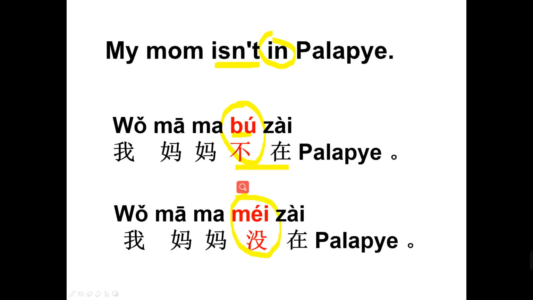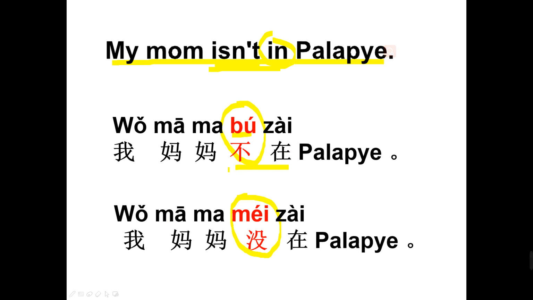It's also okay. So please pay attention to here. For the negative form, we can say 不在 or 没在 in this kind of sentences, asking or to know the states of somebody or something. We can say 不在 or 没在, both are okay.